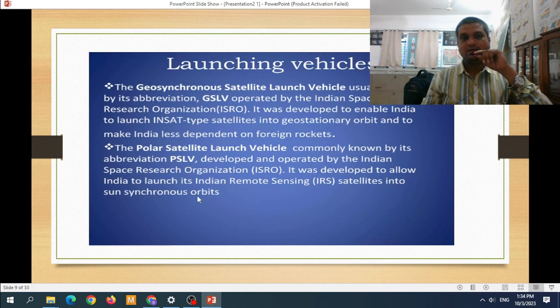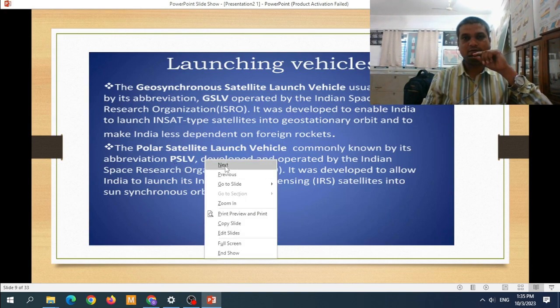Okay, this is PSLV and this is GSLV, that is 24-hour timing, and PSLV is near the polar area. This is the basic of which type of launch vehicle is used for operating the Indian remote sensing satellite or any other satellite, that is the PSLV or GSLV.